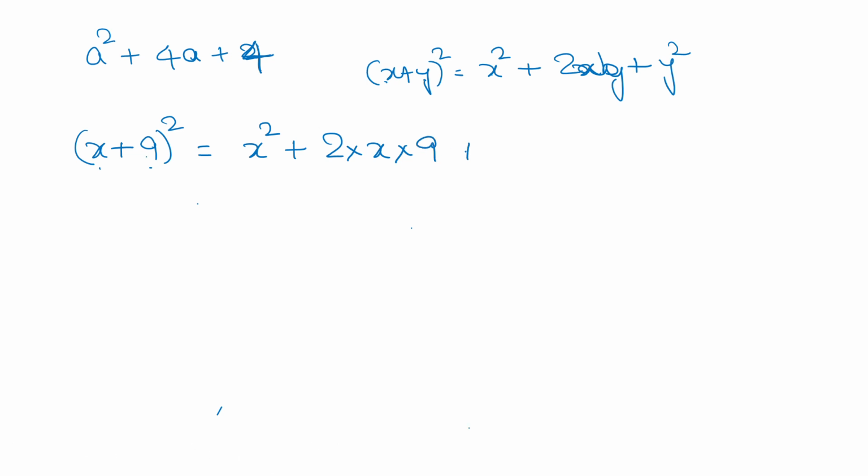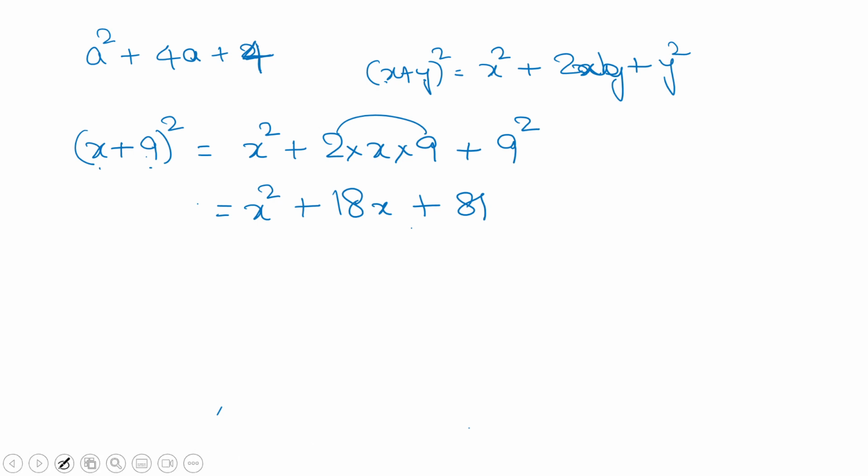So we write x square plus 2 times x times 9 plus 9 square. That equals x square plus 18x plus 81. This is what we have done.